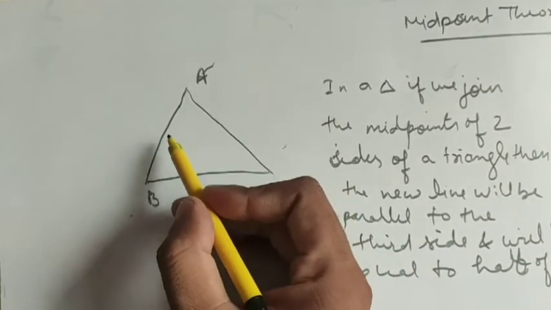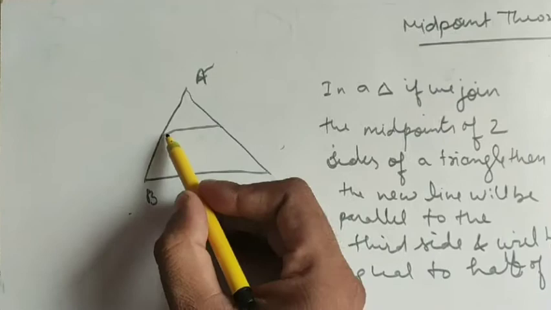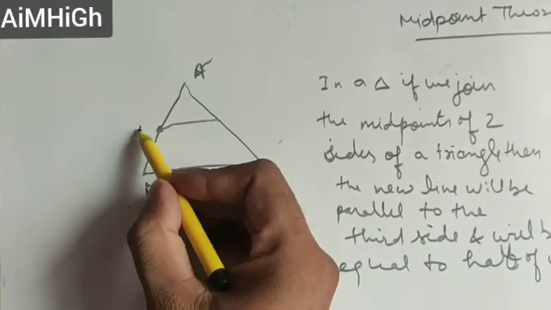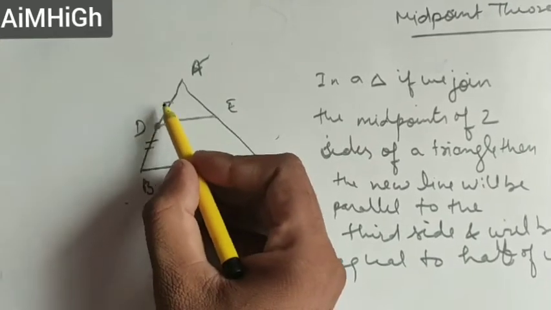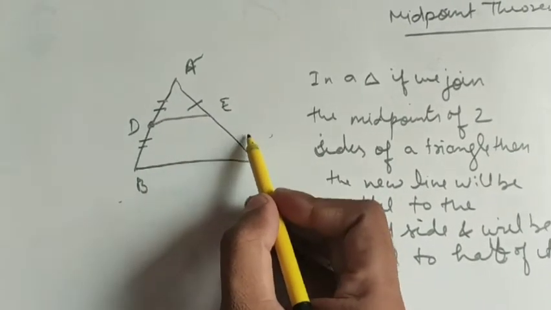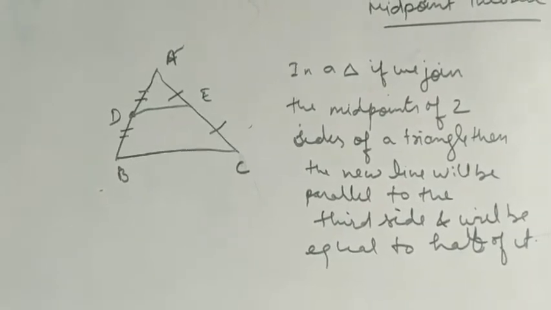Now, suppose we join these two points, and these are the midpoints. Suppose this is D, this is E. These are the midpoints, so these two parts will be equal, and AE will be equal to EC because D and E are the midpoints.